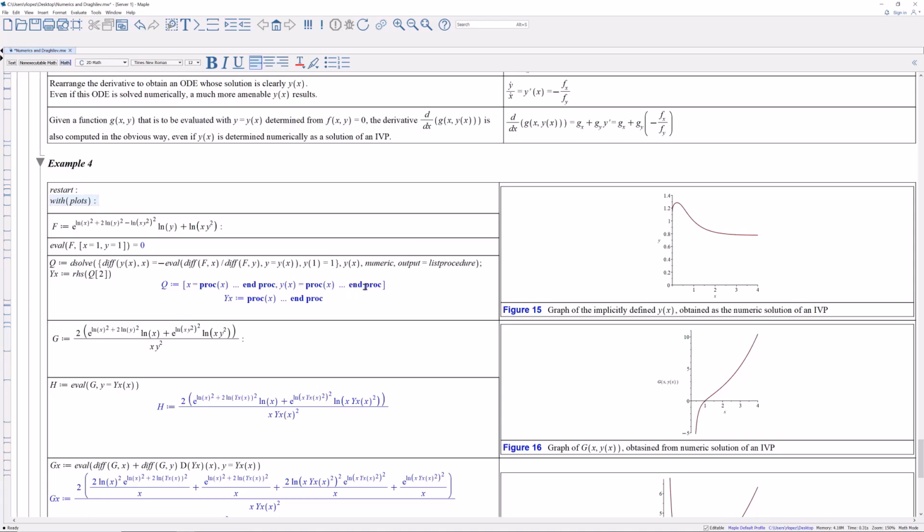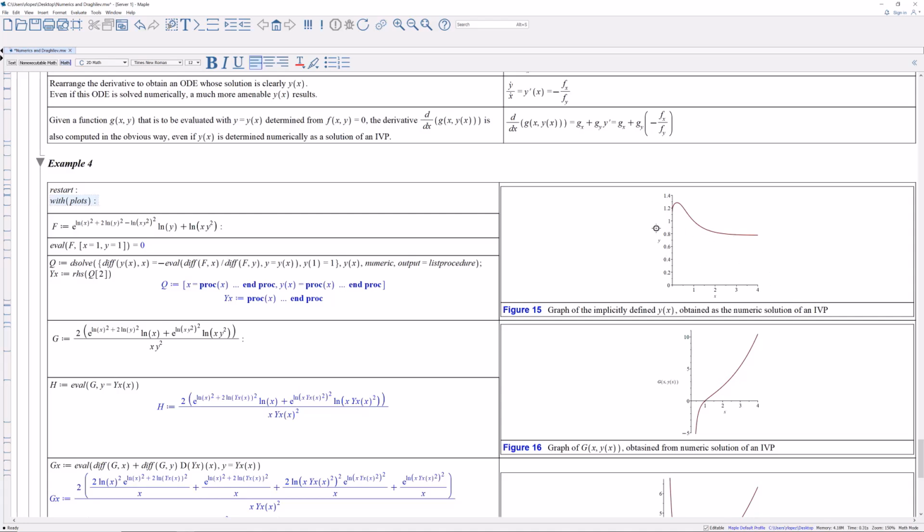So Maple creates this procedure that you can grab, which is what I did here. I got the right-hand side, which is the proc part. So the numerical procedure that gives me y of x is right here, done in Maple.